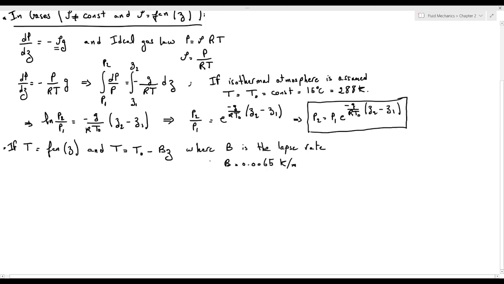So for every meter the temperature will drop by an amount equal to 0.0065. So we can substitute the expression of T in the equation.